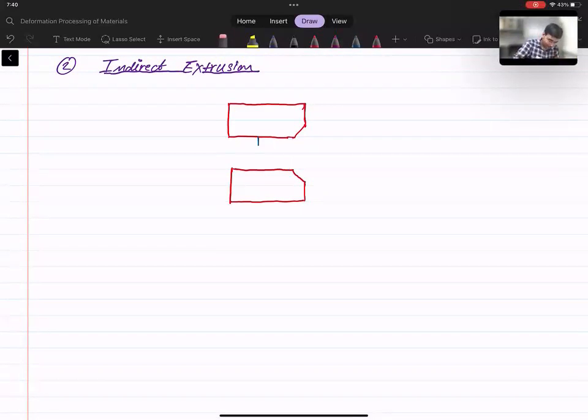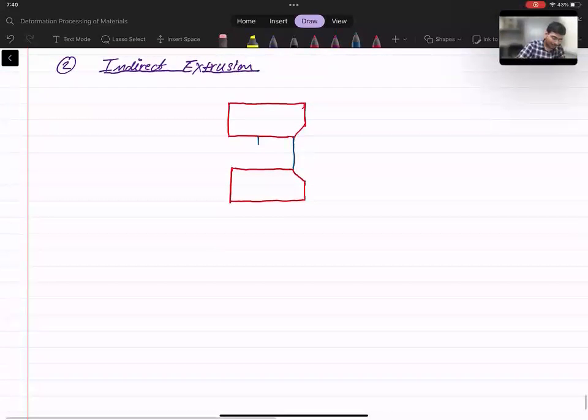Okay. So this is the billet and it will be supported by a closure plate which will prevent it from moving out of this container. So say this is the closure plate.